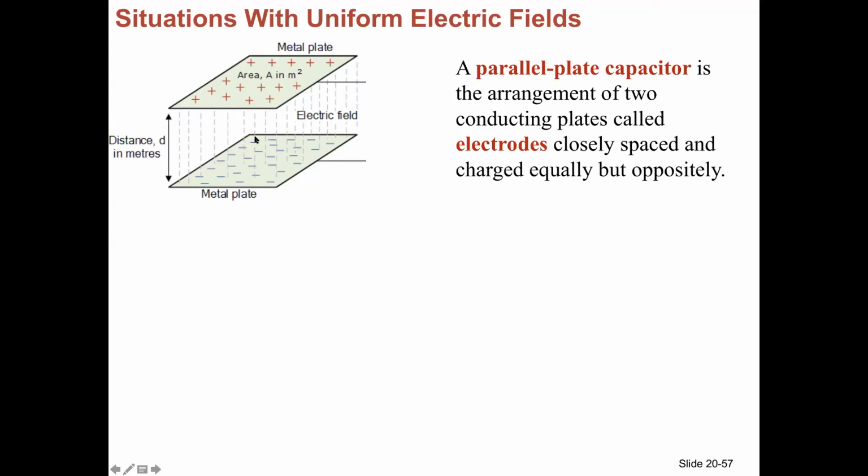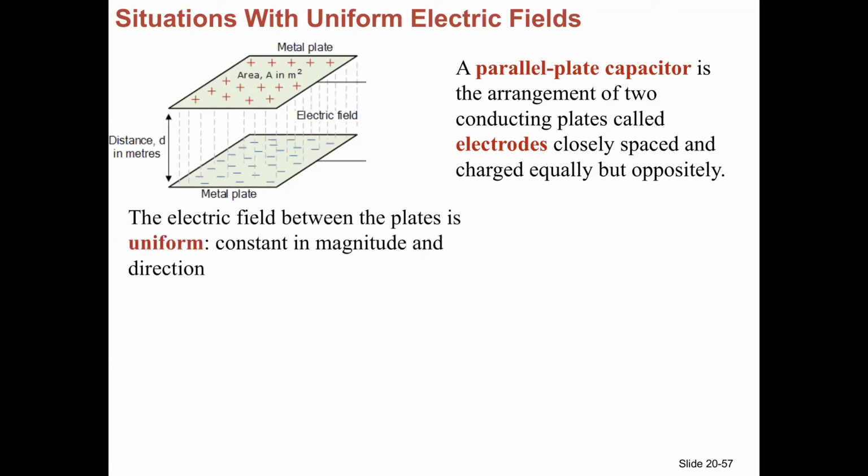And in between the plates, it creates an electric field that ends up being fairly uniform. By uniform, I mean that the electric field is constant in strength and fairly constant in direction. It points directly from the positive plate to the negative plate.